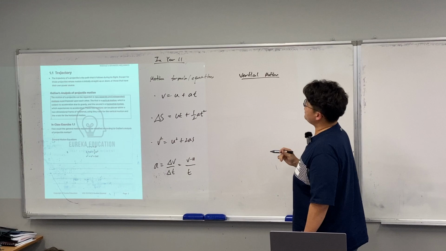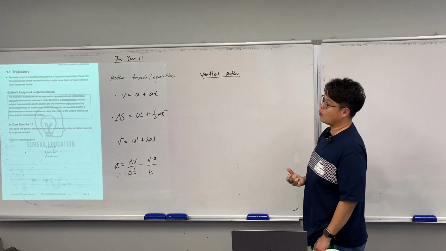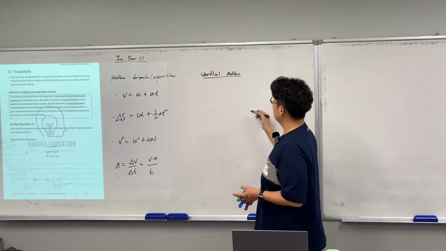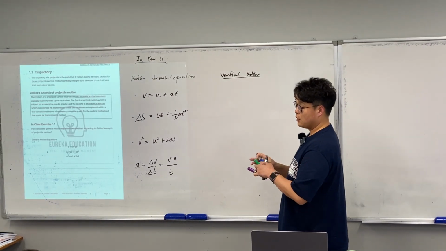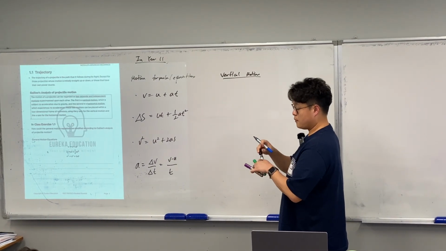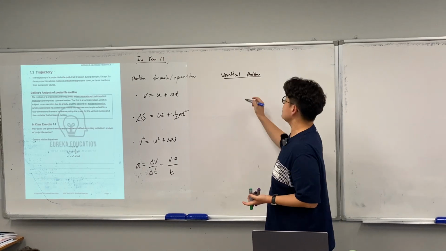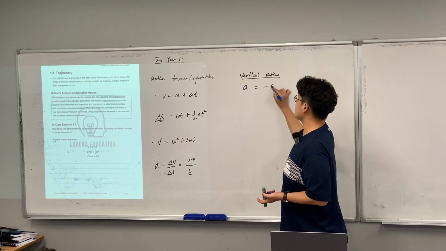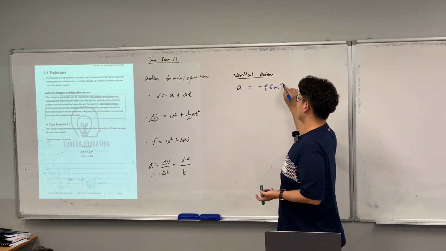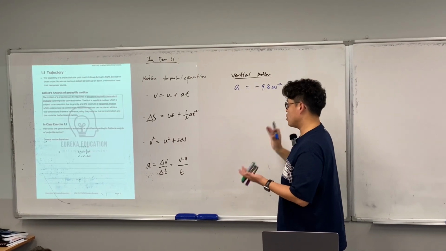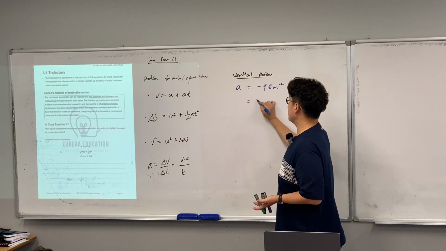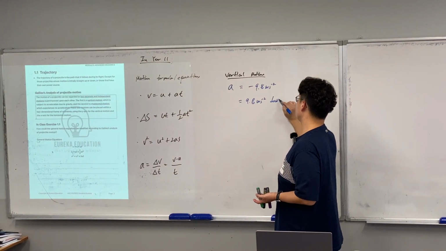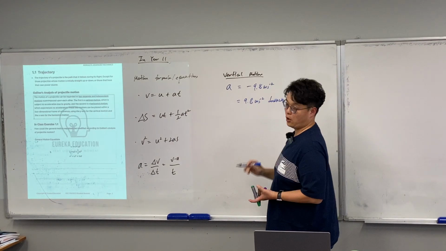Joseph, can you tell me what's so special about vertical motion on Earth? Let's talk about Earth. Okay, so we always get the acceleration, that is minus 9.8 meters per second squared. Using the direction convention, this can be rewritten as 9.8 meters per second squared downward.